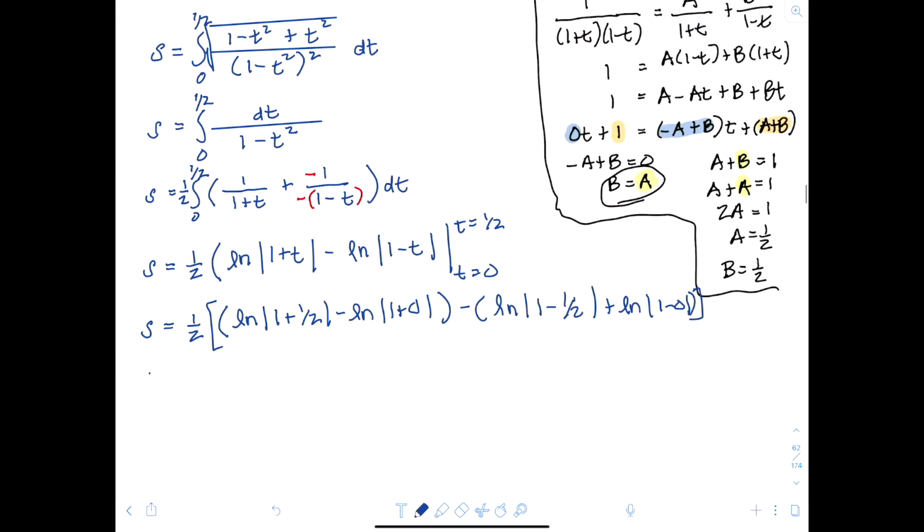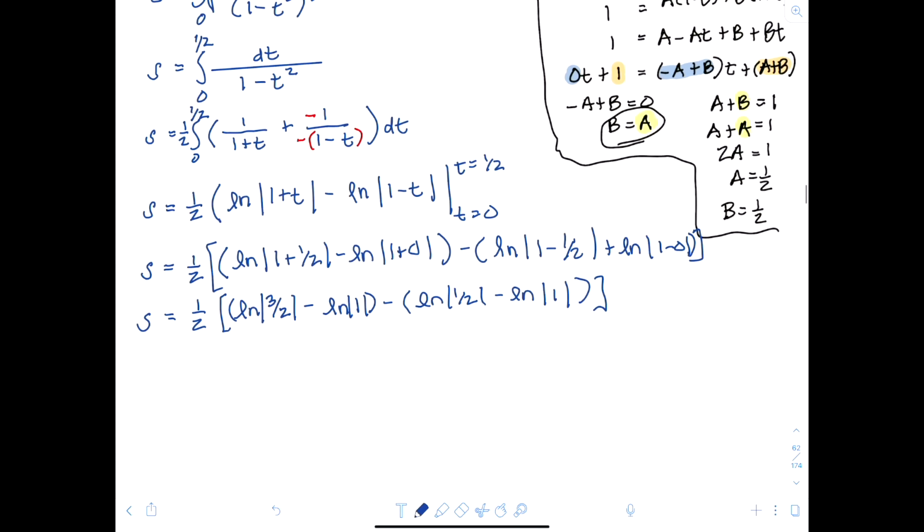Cool, cool? All right, so simplifying, we'll have 1/2 times, let's see, I think we'll get natural log at 3/2 minus natural log at 1, which is 0, and then minus natural log at 1/2. This would be absolute value, right? But they're all positive. And then minus natural log absolute 1.